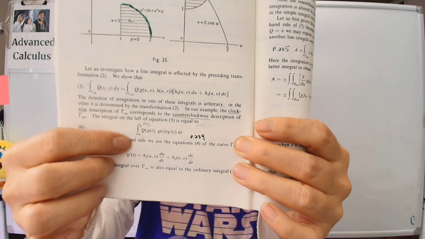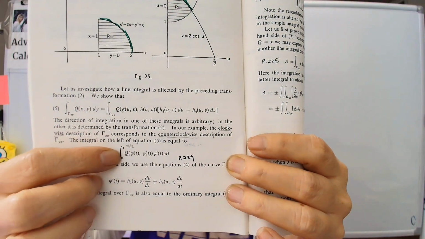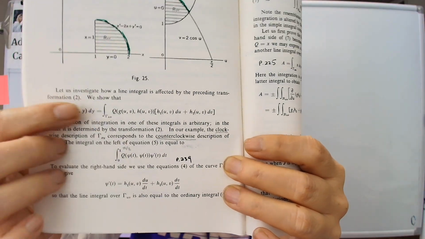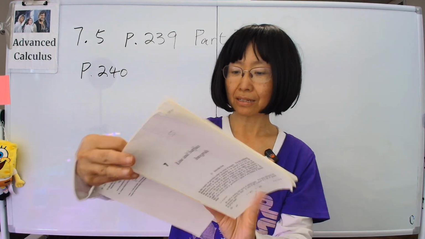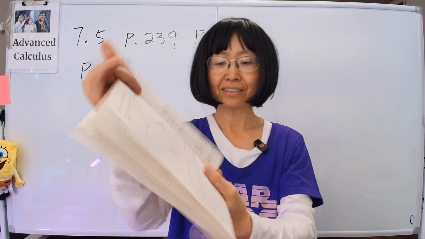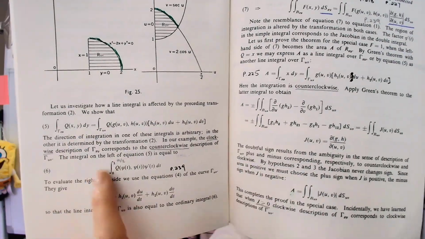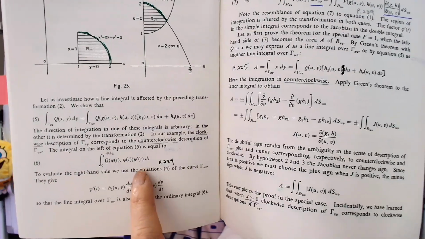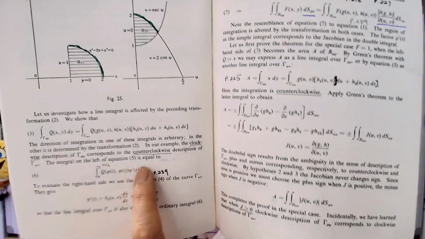Now, if we were to calculate the integral over gamma, we'll plug x and y, which was phi of t and psi of t in the parametric form, as we have given in the previous page, where x is phi of t and y is psi of t, but it says t goes from 0 to pi over 2. So if we plug it in, the left-hand side would be equal to phi of t, psi of t, and then psi prime of t dt, because we're doing dy here. Okay, so everything plugs in okay.